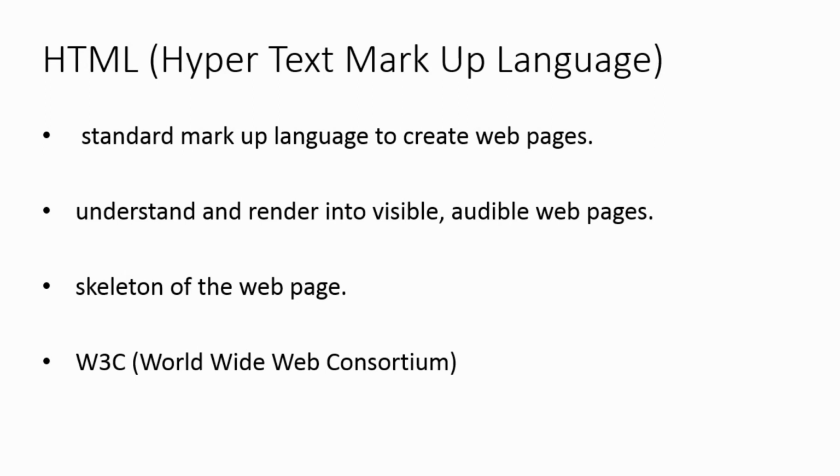It's Hypertext Markup Language. It's the standard markup language to create web pages, and it is rendered into visible and audible web pages. As I have already shown you, it's the skeleton of the web page, and it is under the authority of W3C, full form World Wide Web Consortium.